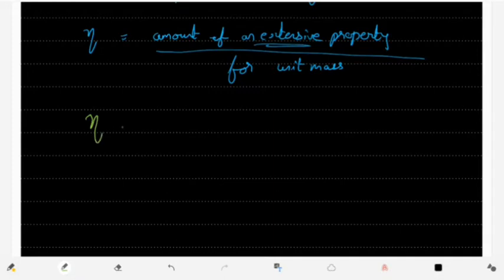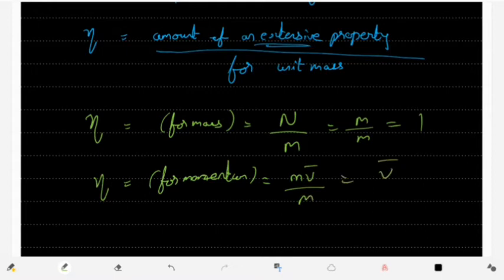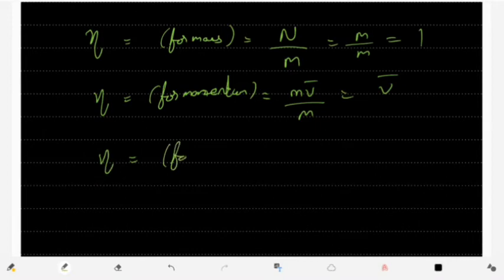So the eta values for mass, momentum, energy will be: eta for mass equals capital N by M equals M by M, as N for the mass is M, so it is 1; eta for momentum equals m v bar by M equals v bar; and eta for energy equals half m v square by M equals half v square.